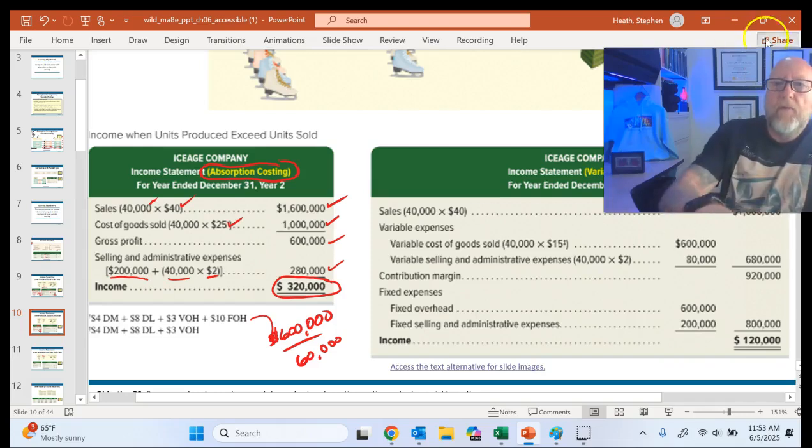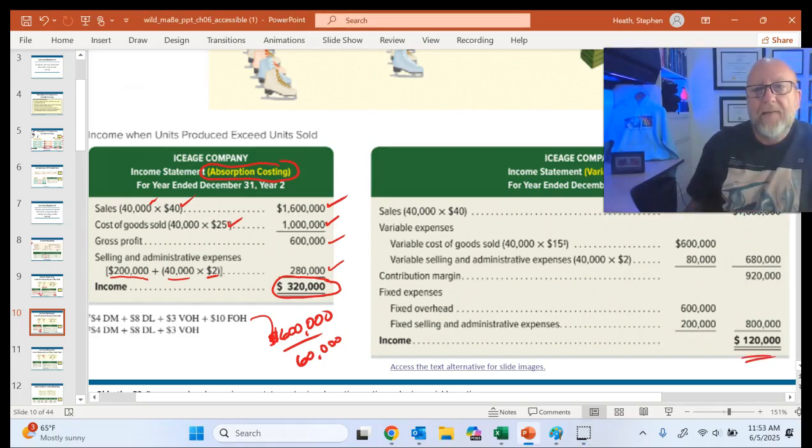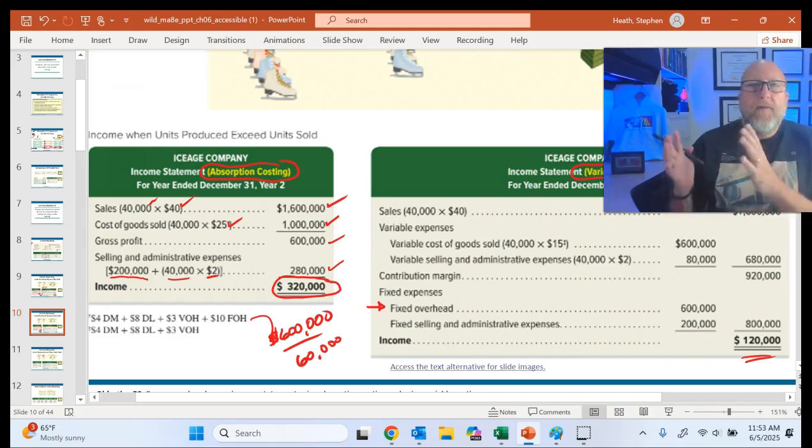Now, let's move over to variable costing. And what I'm going to do is highlight the conclusion first. We're going to come up with something less using variable costing. And it is because when we are using variable costing, we are going to treat all of the fixed costs, including all of the manufacturing fixed costs, as a period expense.